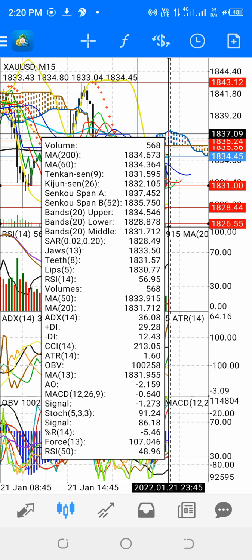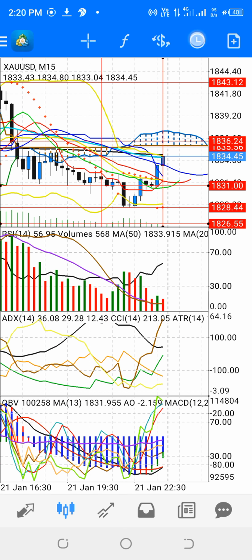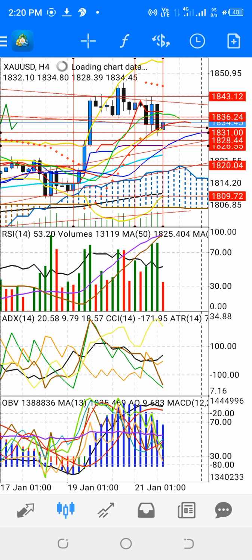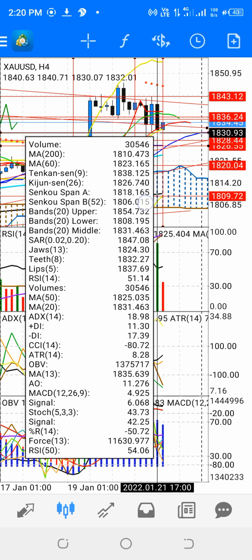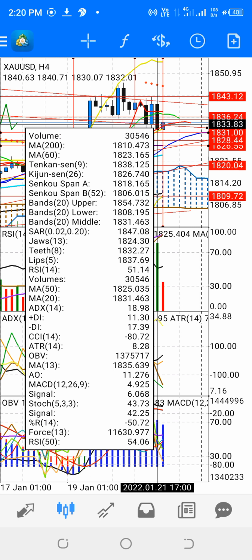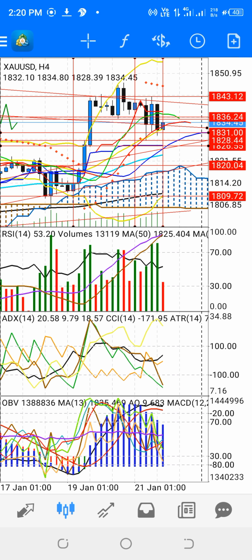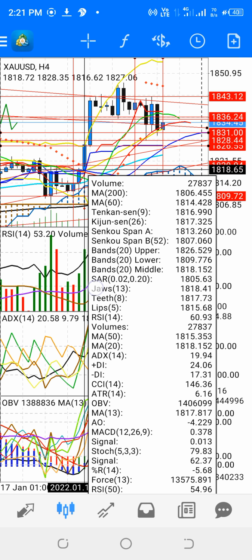Gold is on an upward trend, but on 4 hours, the bias for the gold is upward, though there are some corrections where it will drop. But the bias for the day is upward.